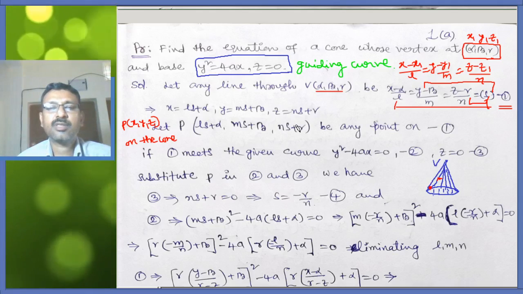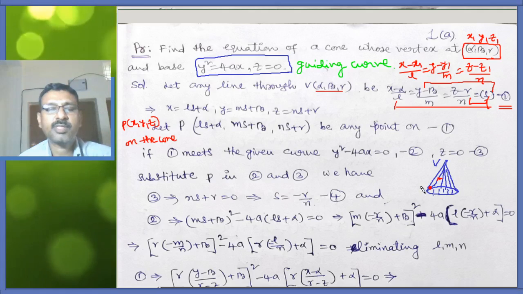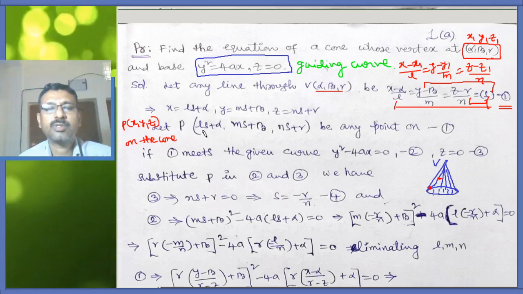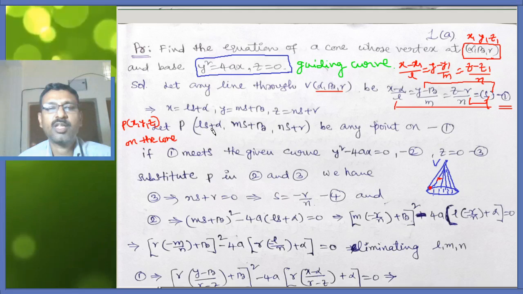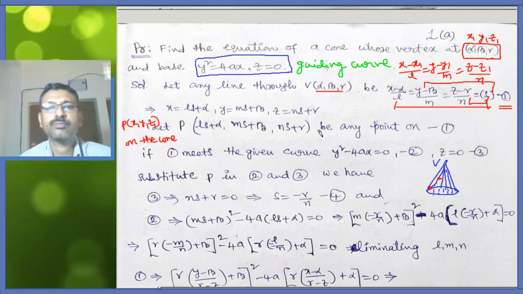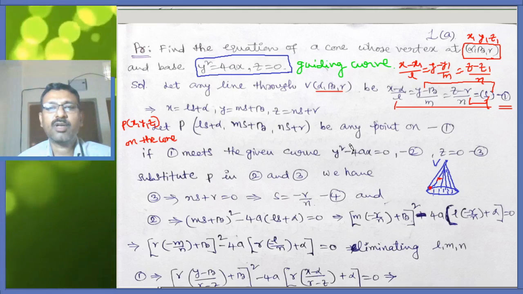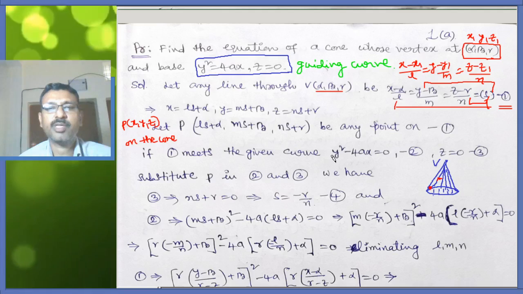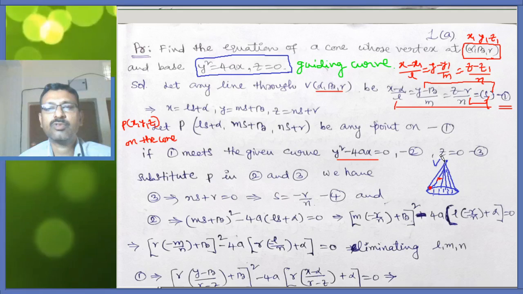If this lies on the base curve, I substitute P (ls plus alpha, ms plus beta, ns plus gamma), any point on 1, into the base curve.